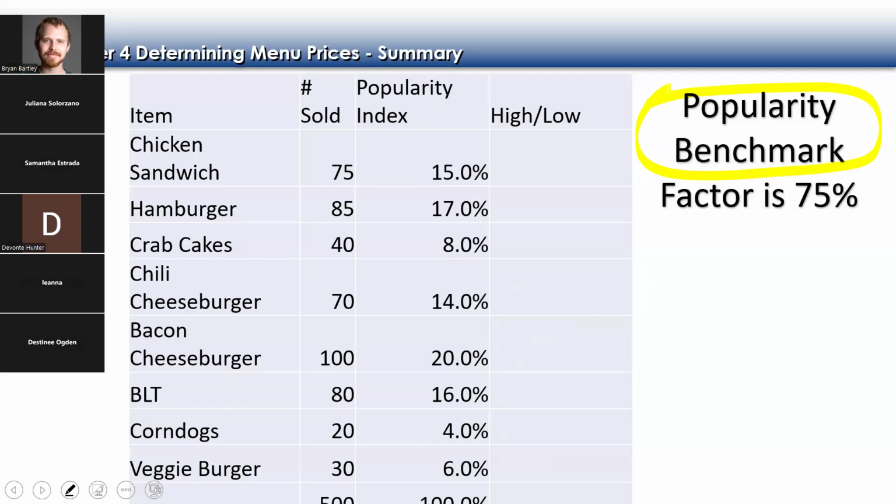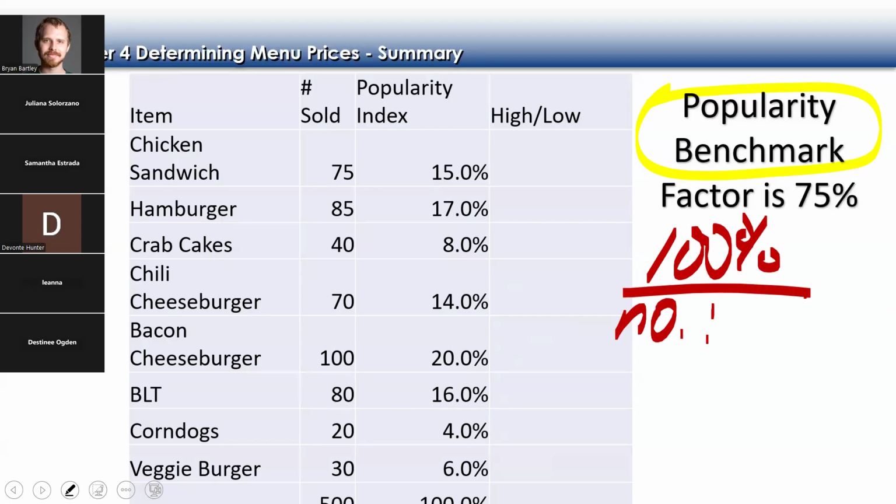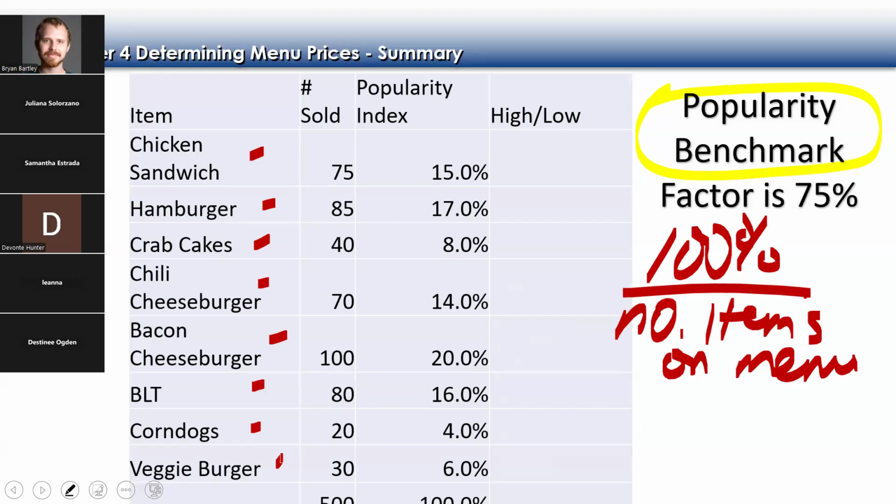With the popularity percentage benchmark, we want to take 100% and divide by the number of items on the menu. In this case, we have 8 items. So I'm going to take 100 and divide it by 8. What do I get when I divide 100 by 8? 12.5. So that's my average.